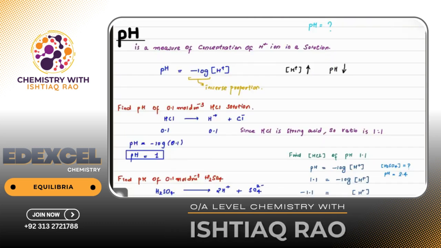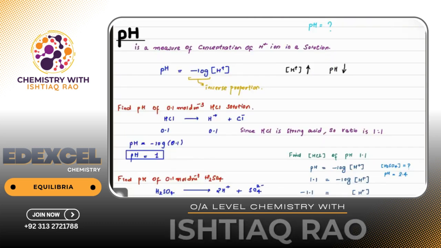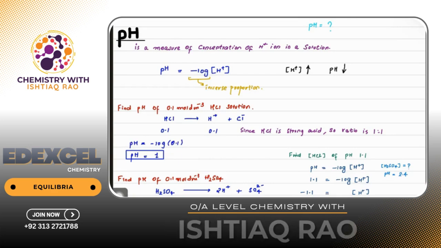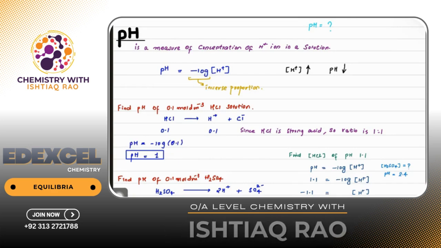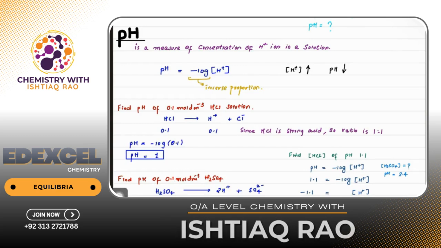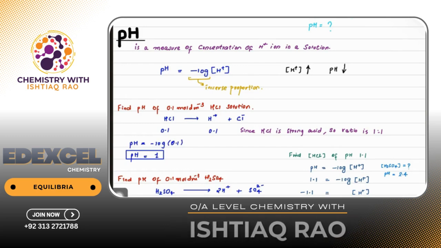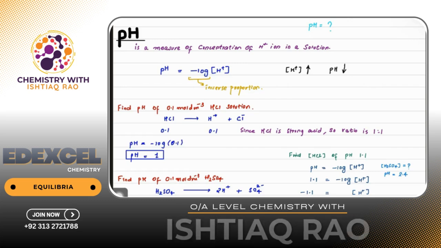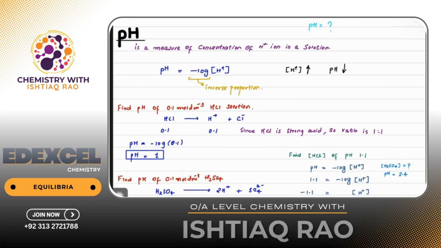Then we have how to determine the strength of an acid, like how strong the acid is. You are saying that HCl and H2SO4 are both stronger acids. Of course, they wouldn't have the same strength.